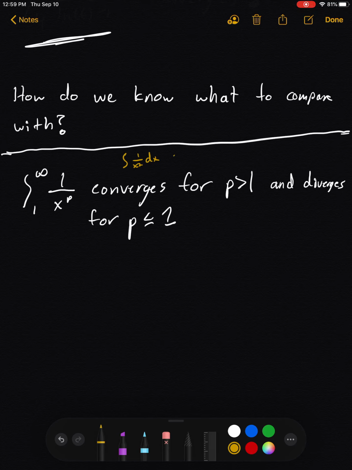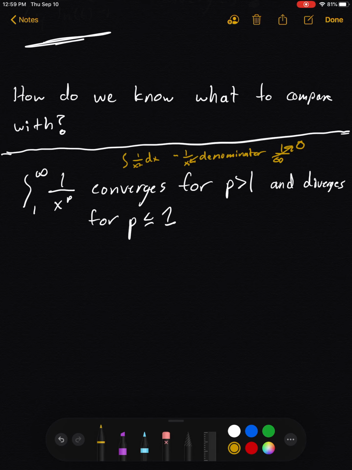The antiderivative is going to be negative 1 over x. So we see that even after I take the antiderivative, that is still in the denominator, right? It doesn't shift up. And if I think about throwing infinity in there, 1 over infinity is going to go to 0. So that's why it converges for p greater than 1. But if p is less than or equal to 1, if the p is negative, it'll flip to the top, and that's going to end up with an x in the numerator.